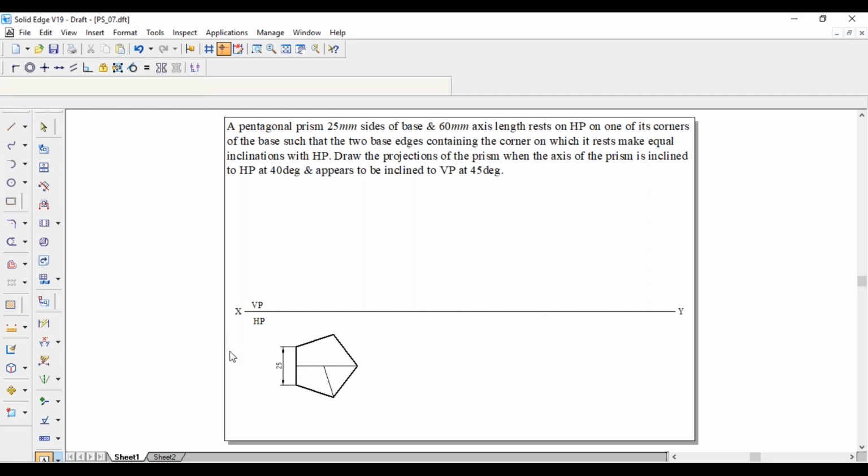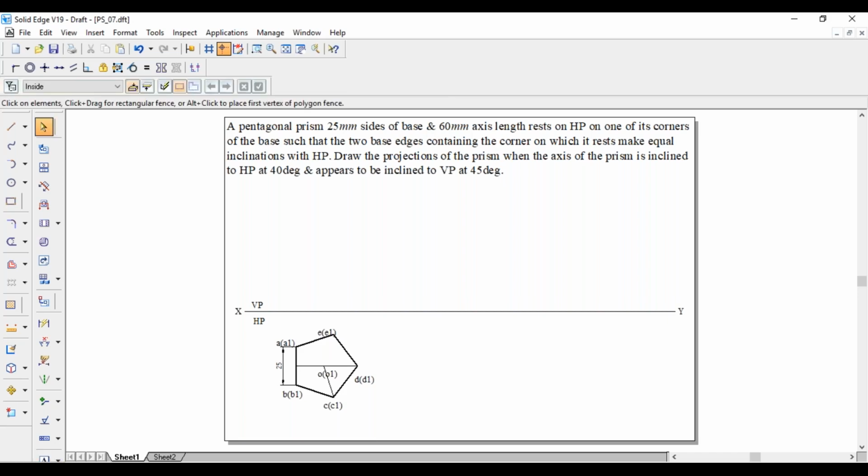This is A in the bracket A1, B in the bracket B1, C in the bracket C1, D in the bracket D1, E in the bracket E1, and this one is O in the bracket O1.